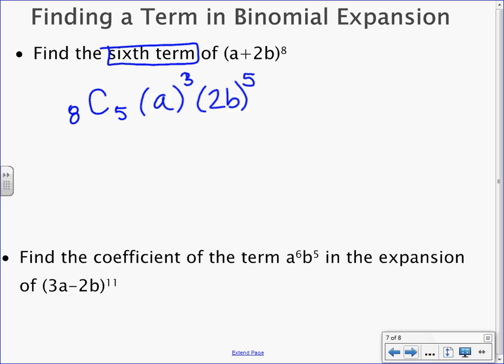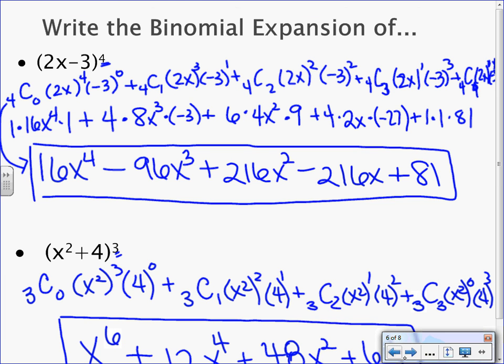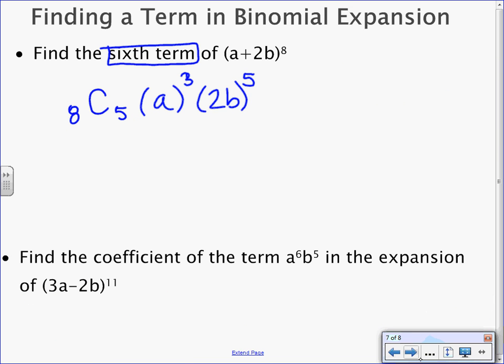Between the two terms, the exponents should add to this number right here. The y is whatever this is right here. Notice 1, 2, 3. Okay. So is everyone okay here?